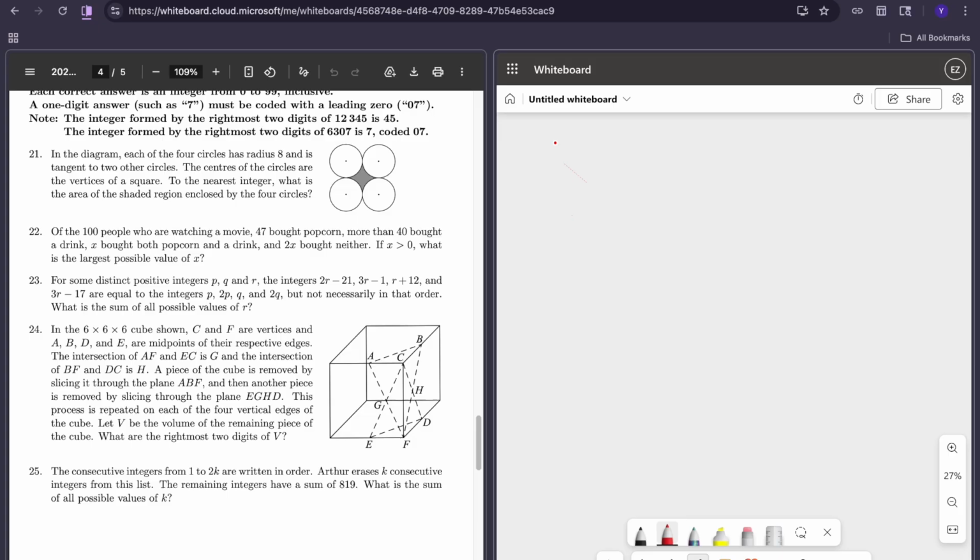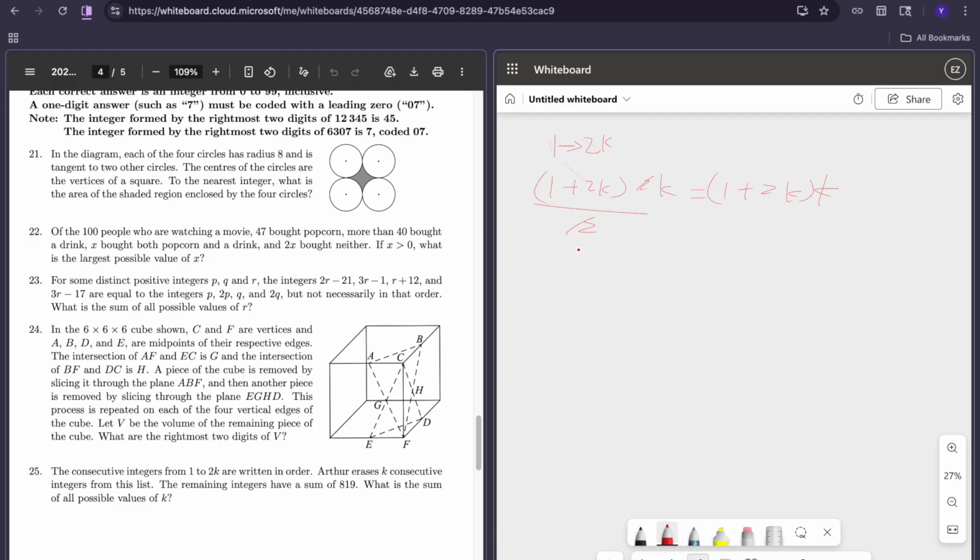First, we need the sum of values from 1 to 2k. So 1 to 2k, which is 1 plus 2k over 2 times 2k. So after simplifying, 2 and 2 go, we get 1 plus 2k times k.